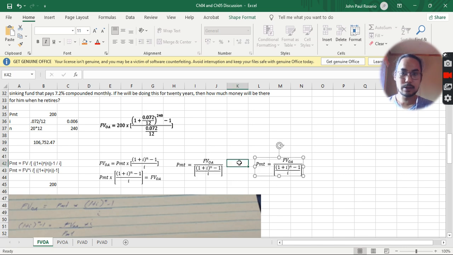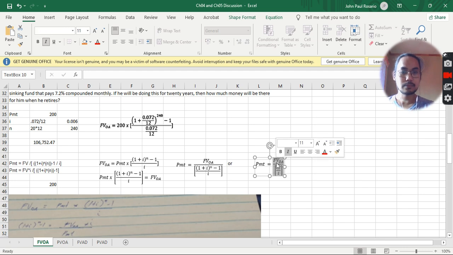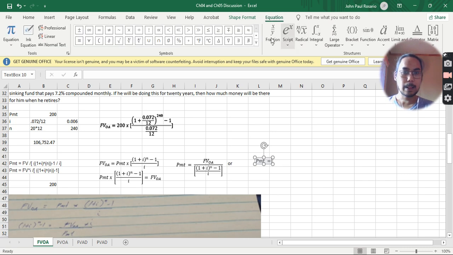So we can have payment here is equal to FVOA multiplied by the fraction I all over this one.